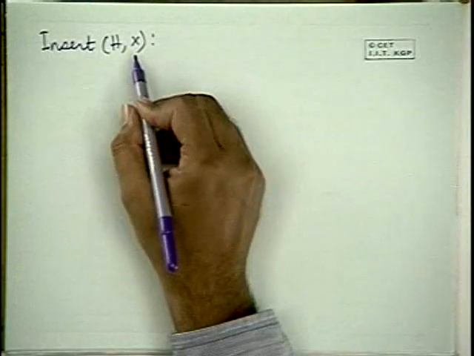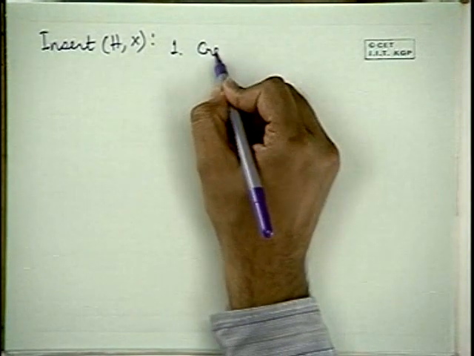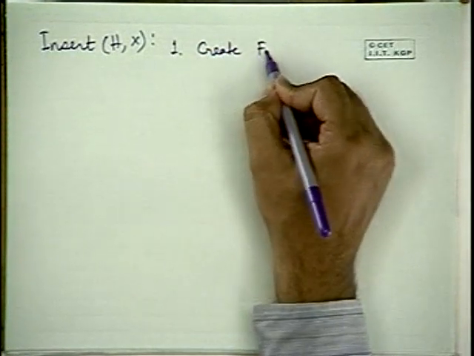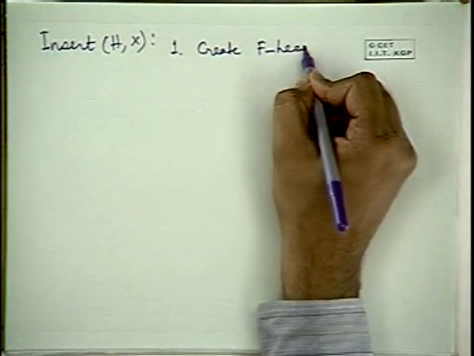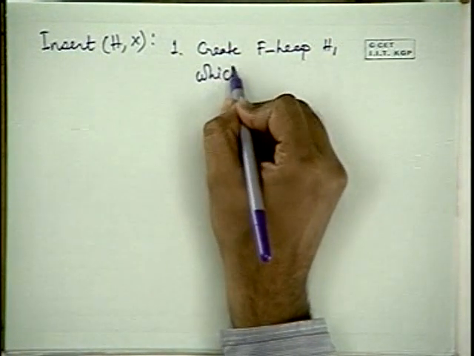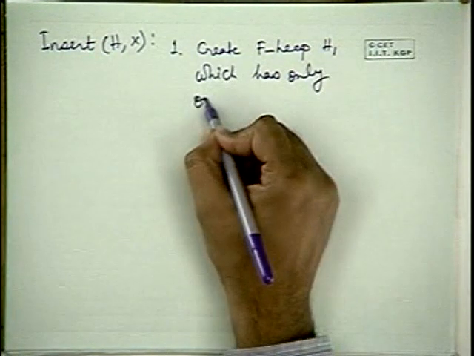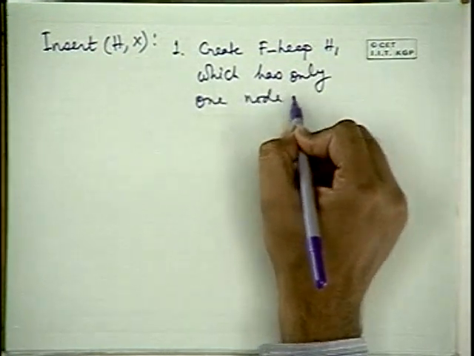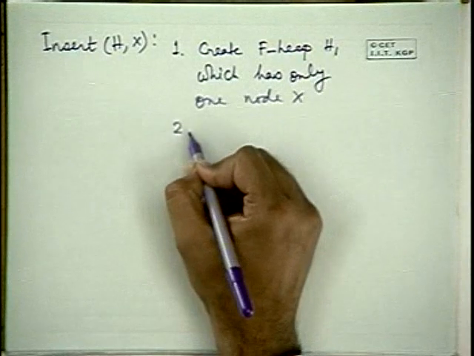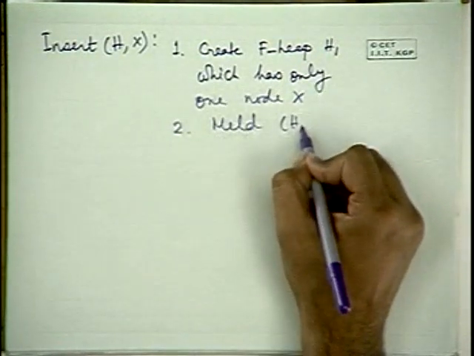So let's see, insert H x, where x will be inserted in H. So first thing we do, create Fibonacci heap H1, which has a single node x, and second meld H1 with H.